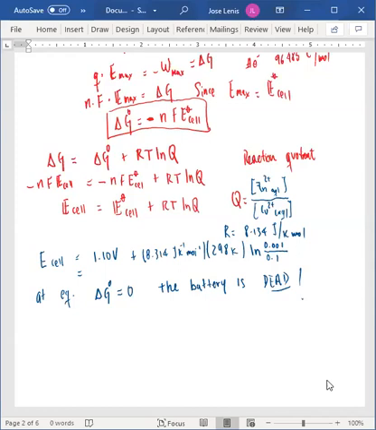Therefore, we plug that into the first equation here.